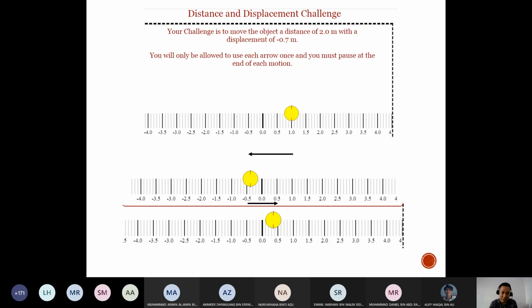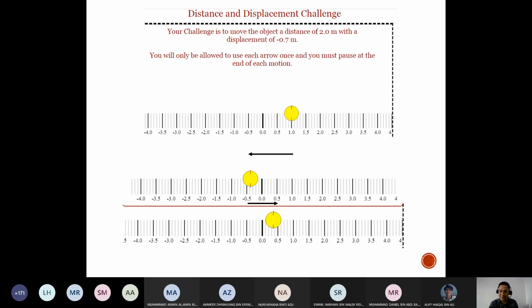For example, to the left, I want negative 0.5. I move to the left, and when I reach negative 0.5, I pause. Then I want to move to the right, so I click play again, and then I pause. The system will tell you whether you're correct or wrong.